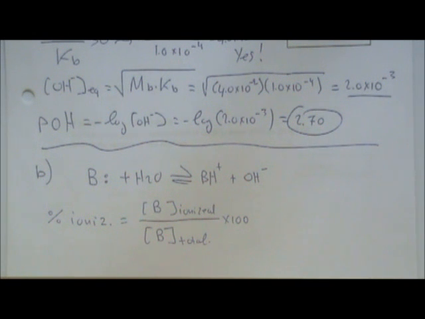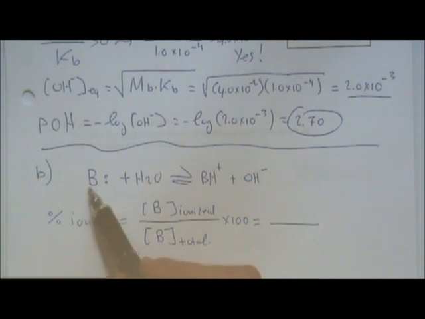Okay, now I want you to understand this. When we say ionized, it is actually the concentration of BH plus, isn't it? How much they broke, were ionized actually, is equal to the concentration of that, because one of these gives you one of that.